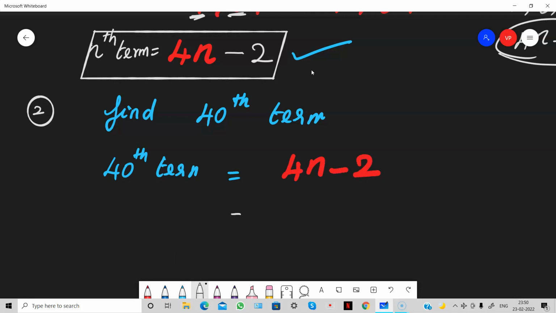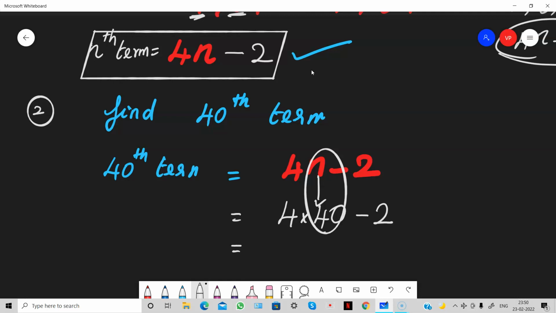What is our next step? 4 times, you have to write again. What is n? It is 40. For n, you have to write 40. 40 means the position. Then minus 2. Do you understand?